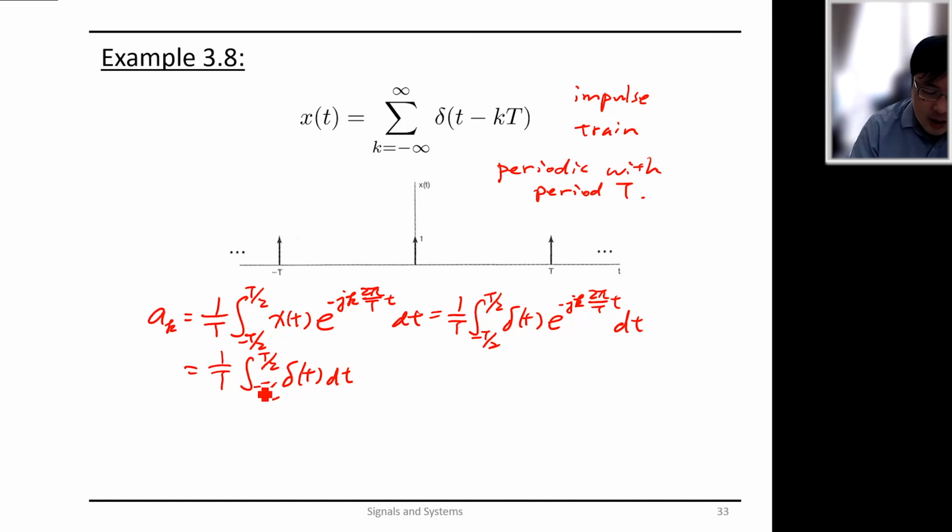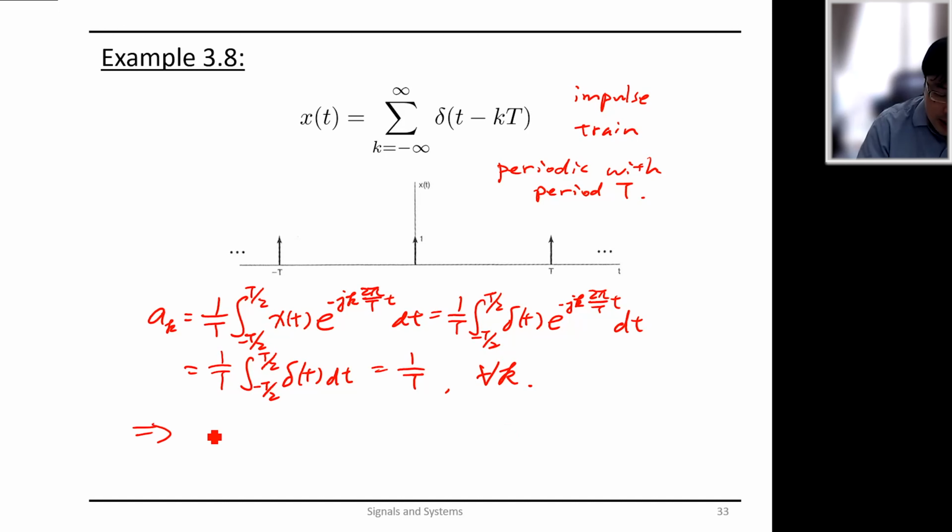Okay. And then the integral over a delta function has unit energy, unit area, right? So this integral is 1. So we get ak equal to 1 over T. And this is true for all k. Okay?